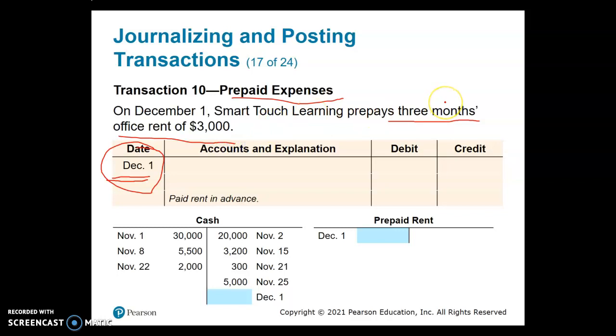This was in another video in the Excel spreadsheet where we went over examples of assets, liabilities, and equity. This 3 months' worth of office rent is an asset because it's going to benefit us in the future, for 3 months. So prepaid rent is an asset, and that asset is going up, so that will be your debit.